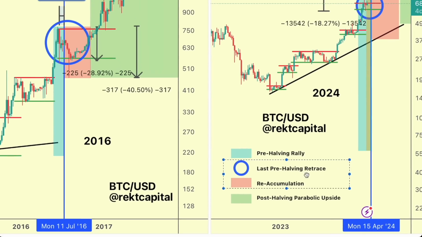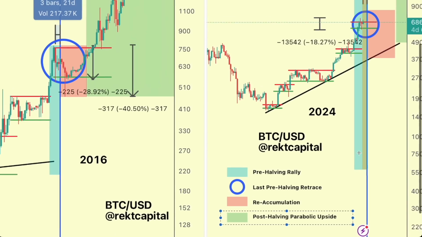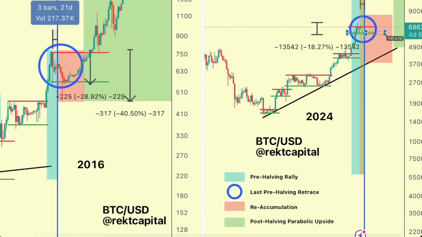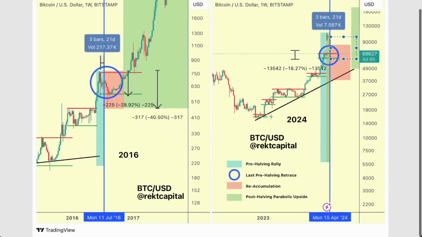The last pre-halving retrace and the reaccumulation, those are the last bargain buying opportunities before we enter that post-halving parabolic upside. So I'm willing to accumulate at lower levels and maybe even hold in a loss in the short term so that I can comfortably hold and profit from my portfolio going into the parabolic price action towards new all-time highs.